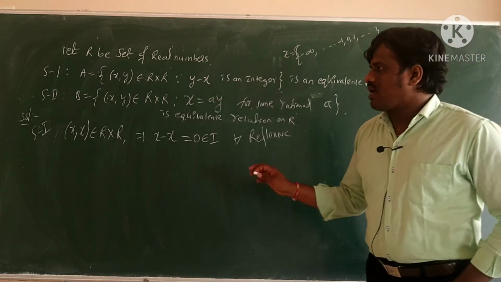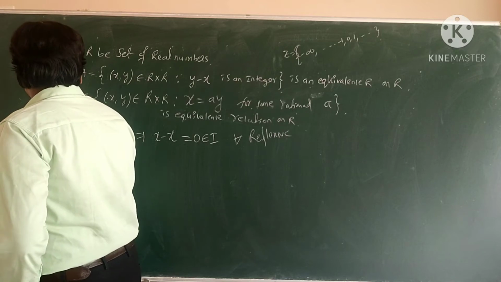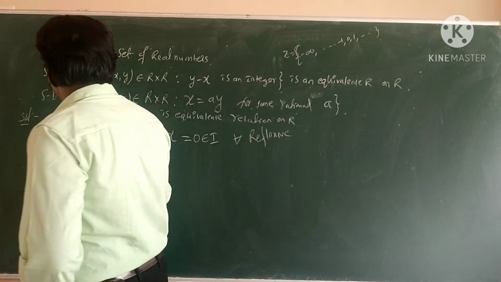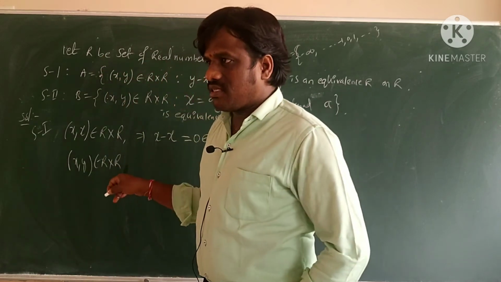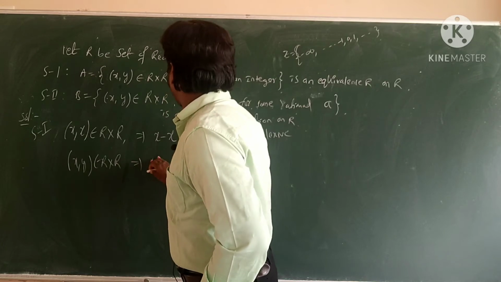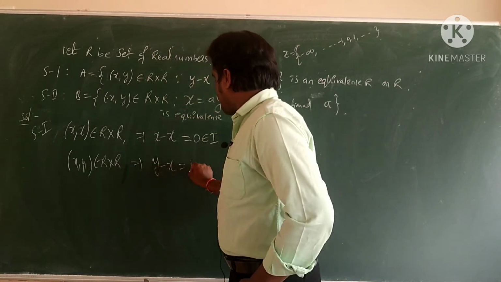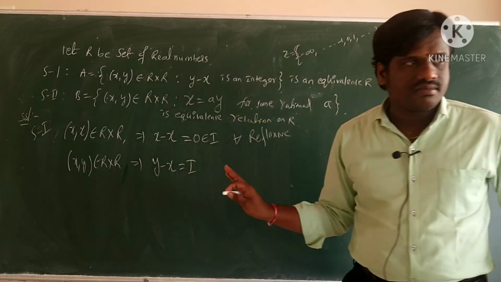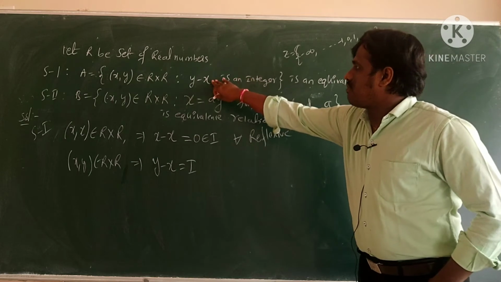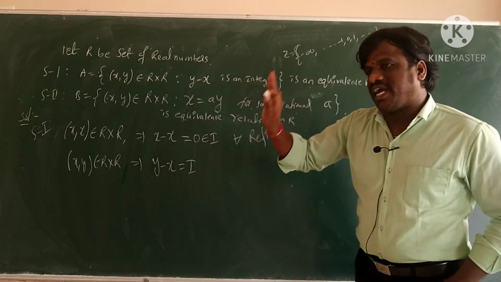Now what do I have to do here? Reflexive done. Now I take (x, y) belongs to R cross R. It is given that y minus x is an integer. This is the relation definition.